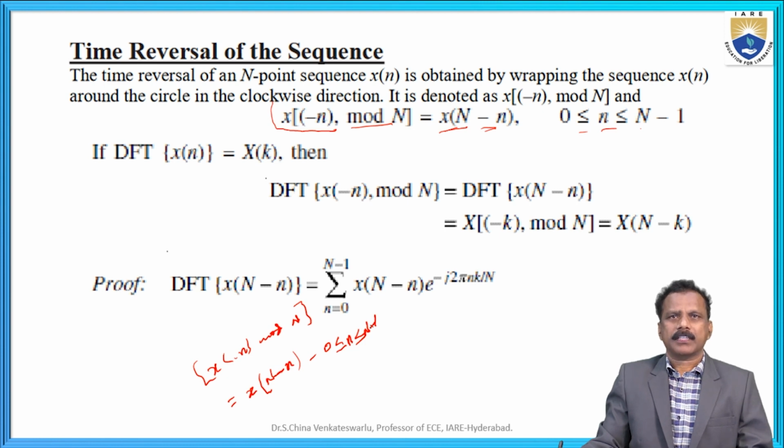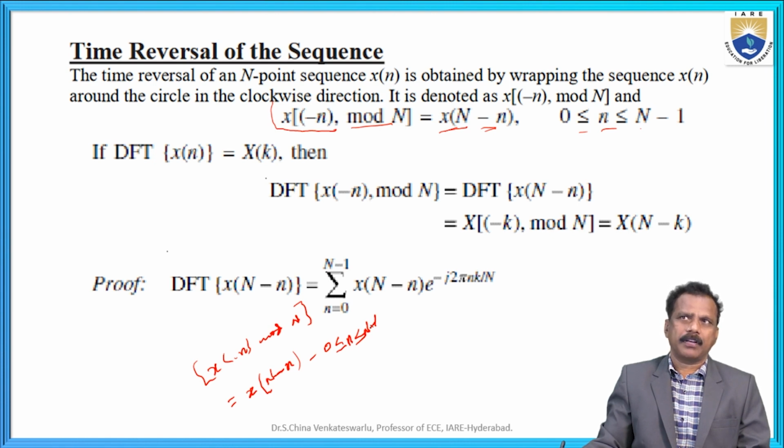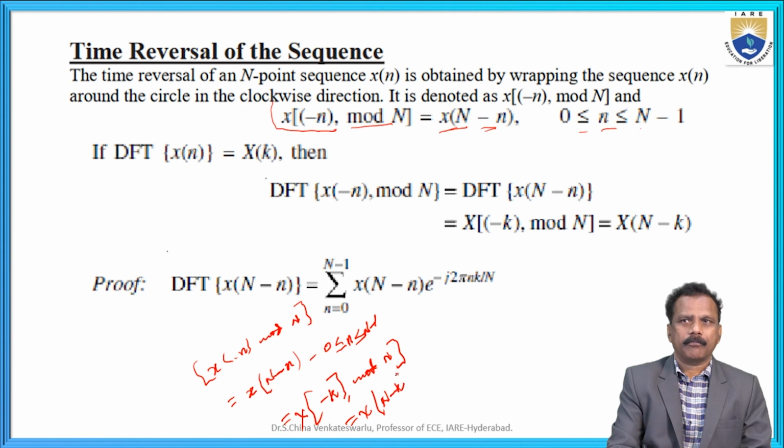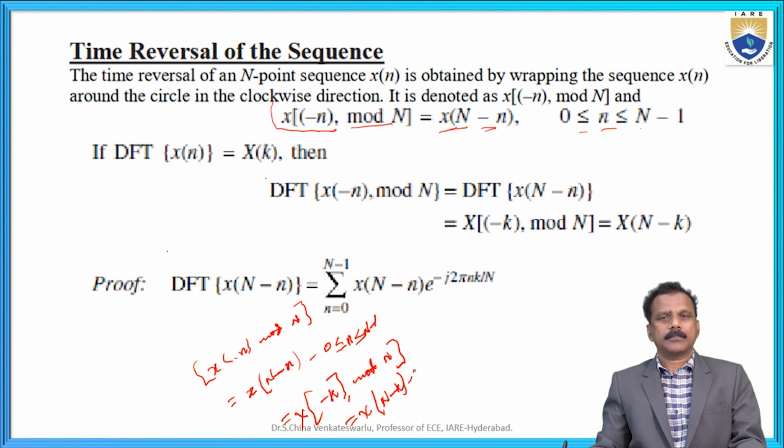If the DFT of x(n) is equal to X(k), then the DFT of x((-n) mod N) is equal to the DFT of x(N - n), which is also equal to X((-k) mod N), that is X(N - k).